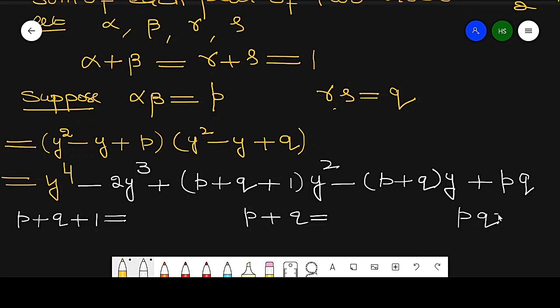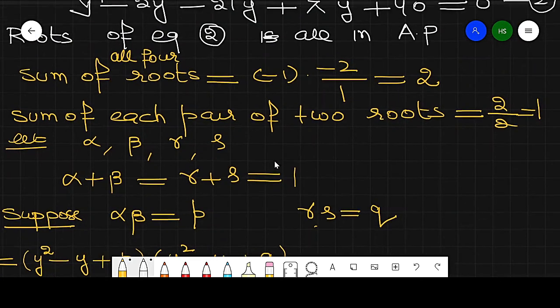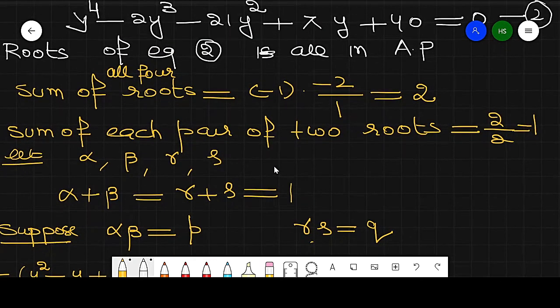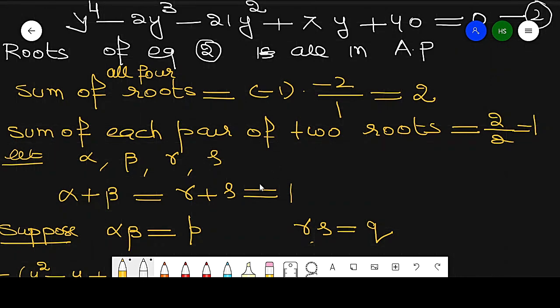Now comparing with equation number 2, we get minus 21 minus lambda and plus 40.